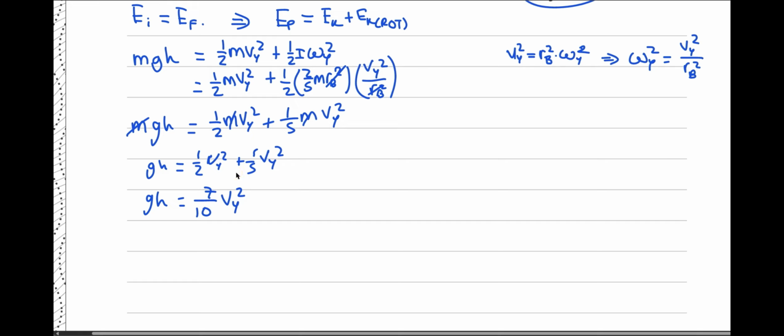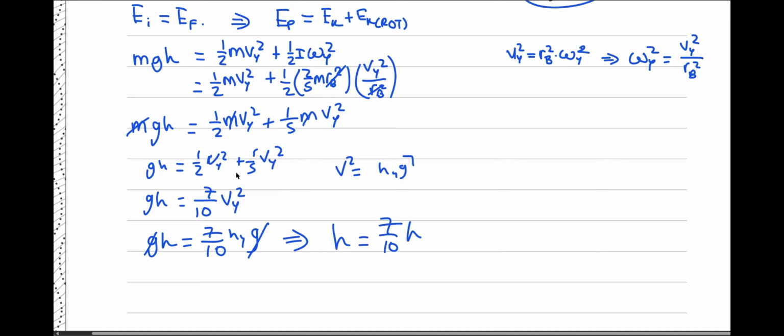So this would just result in the fact that gh is equal to 7 over 10 root hyg. And so v squared is just going to be hy times gravity, and so we can just go ahead and cancel the g's, and we obtain a pretty nice result that actually the height of the ball should just be 7/10 of whatever the height of the thing is at point y.